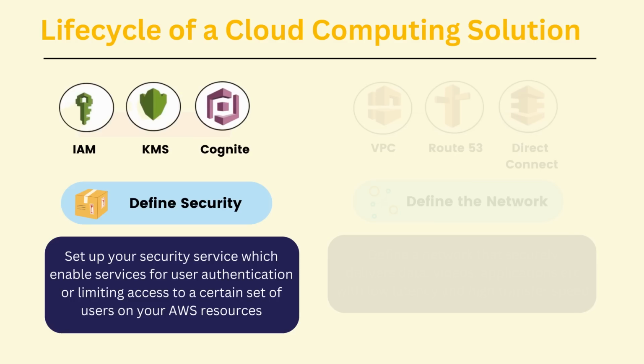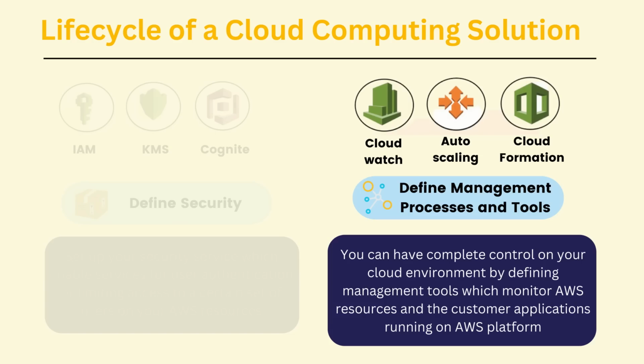So there are a variety of security products available. We have to pick the right one that suits our need. And there are a variety of deployment, automation, and monitoring tools that you can pick from. For example, CloudWatch is for monitoring, auto-scaling is for being elastic, and CloudFormation is for deployment.